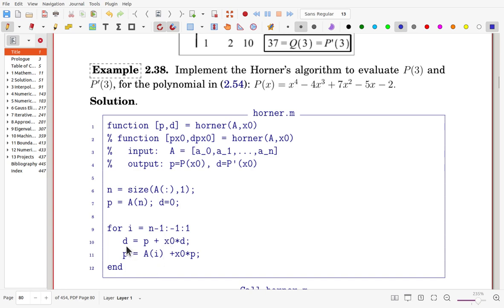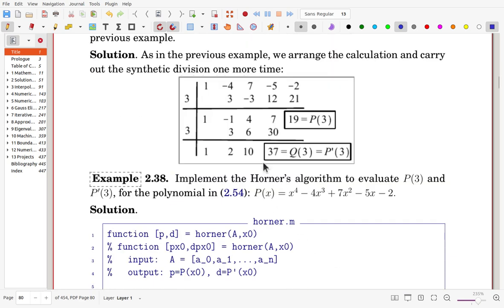D comes first. The final D will be your derivative value, and after finishing this iteration, the final P will be the polynomial value. Start with the coefficients and initial point x0, and you can get this. If you follow the logic, you can find it quite easily. It works exactly as Horner's algorithm applied twice.